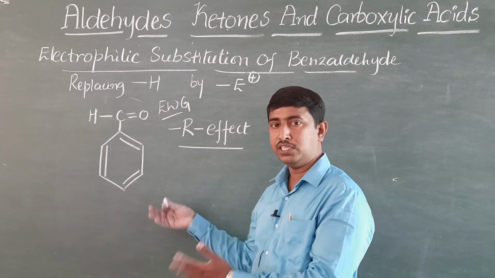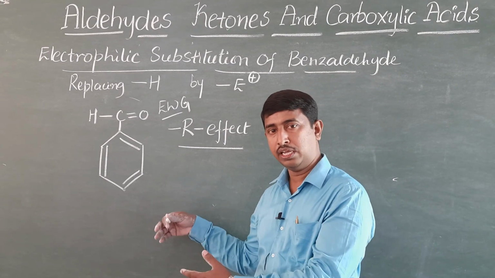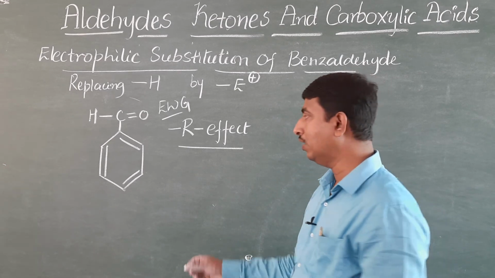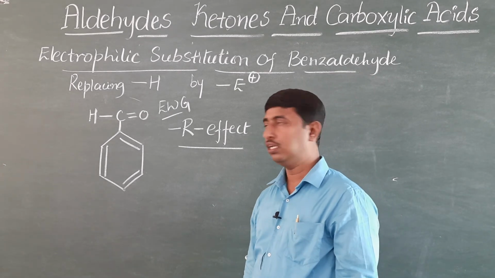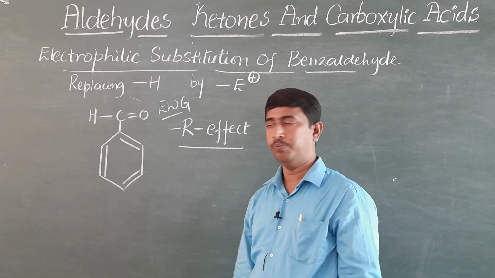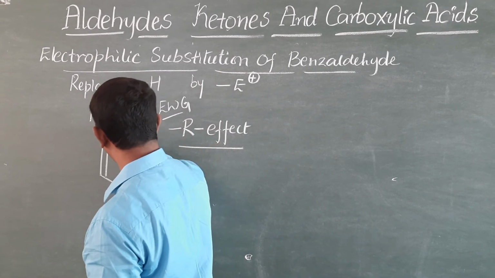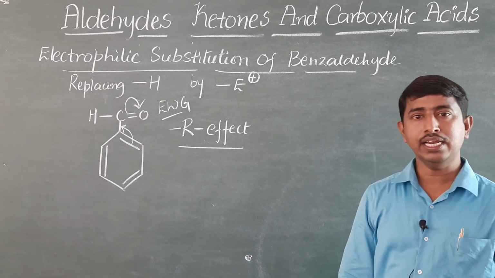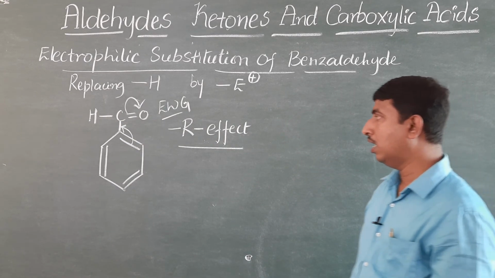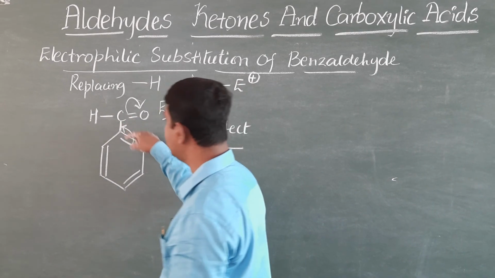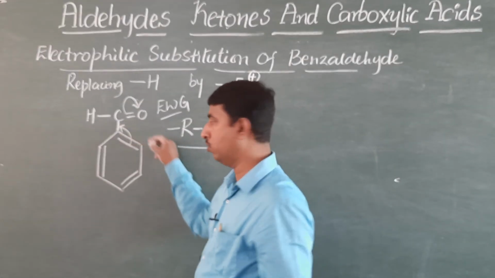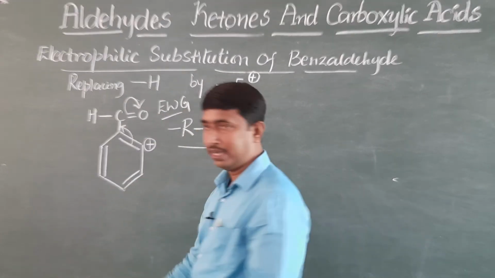Suppose it were donating electrons to the benzene ring, then the ring would become electron rich at the ortho and para positions. But this aldehyde group attracts electrons from the benzene ring like this. This resonance we call the minus R effect. Since electrons are shifted from the aromatic ring to the electron withdrawing group, positive charge is created here.